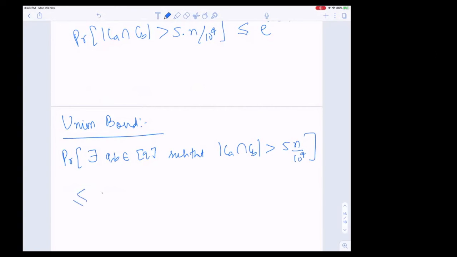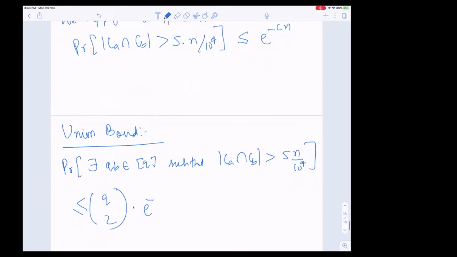Well, this is at most Q choose 2 times e to the power minus Cn.